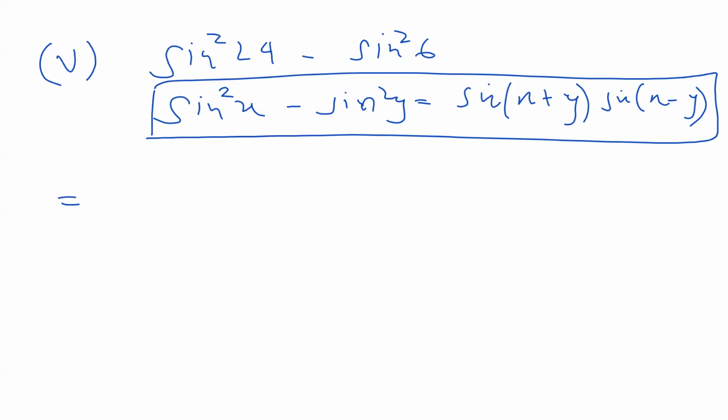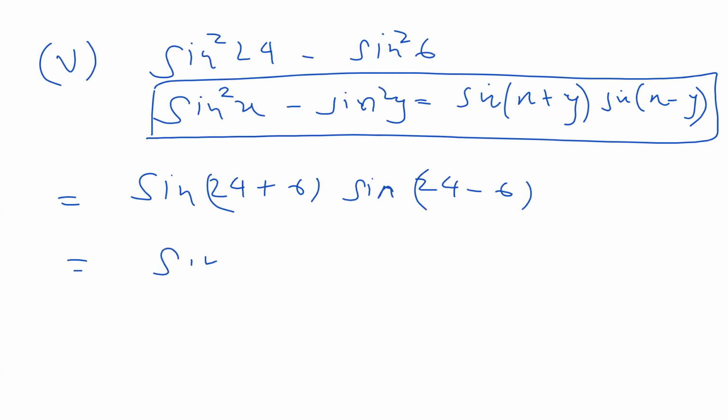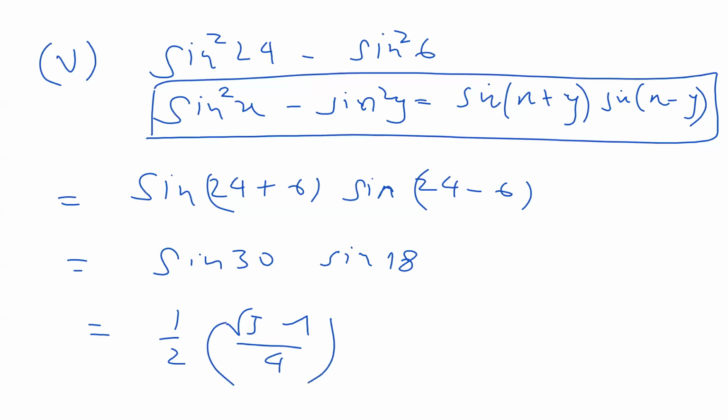So this is sine 24 plus 6, sine 24 minus 6. So this is sine 30 and sine 18. Sine 30 is half, sine 18 is this. So this 4 to the 8. That's it.